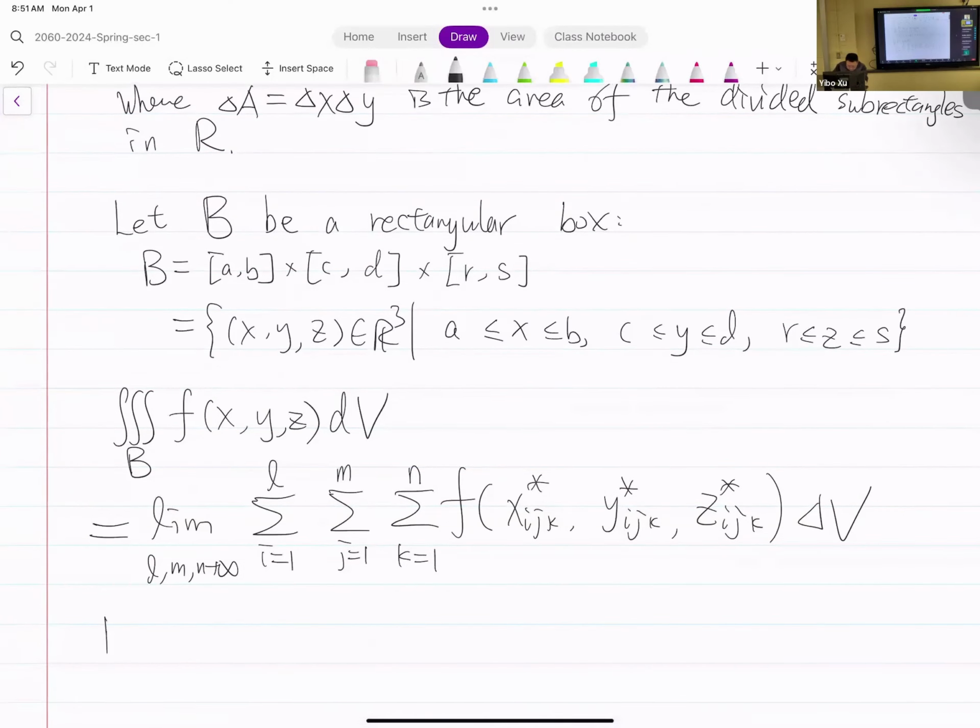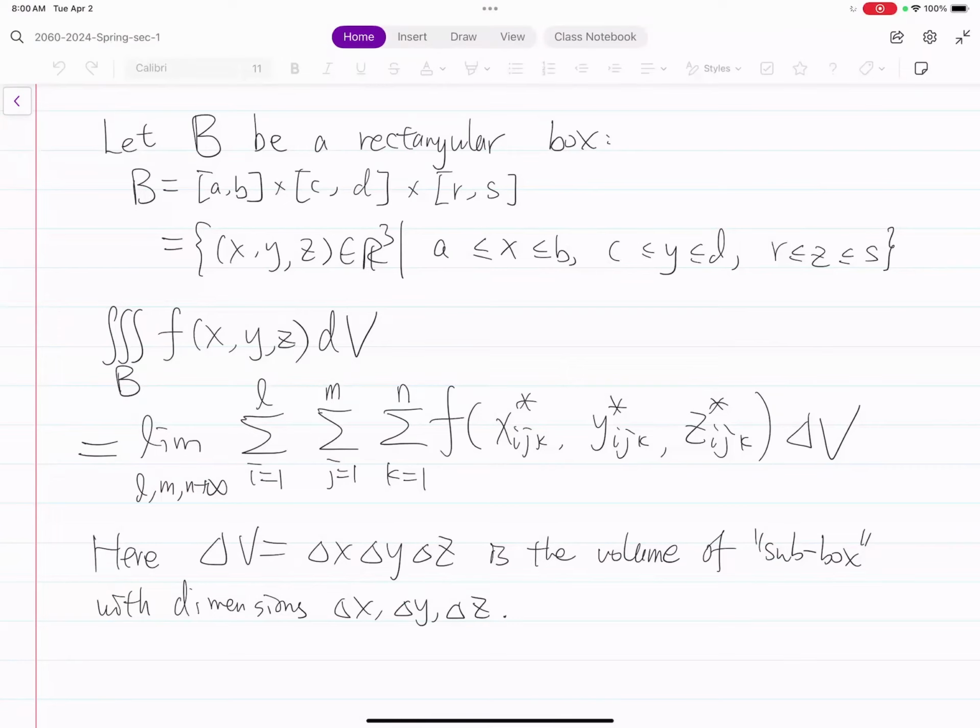But here, let me quickly write down that delta V here is exactly the volume of the rectangle. So this is delta X, delta Y, delta Z multiplied. So that's representing the volume of this subdivision. Here, we firstly define the triple integral over a box.